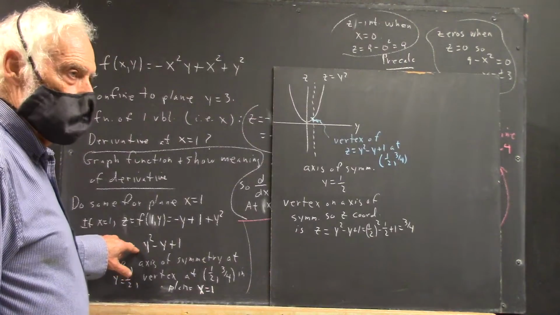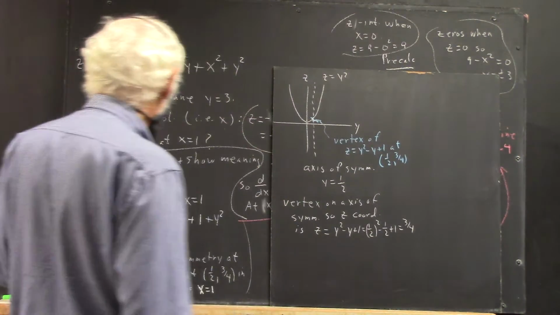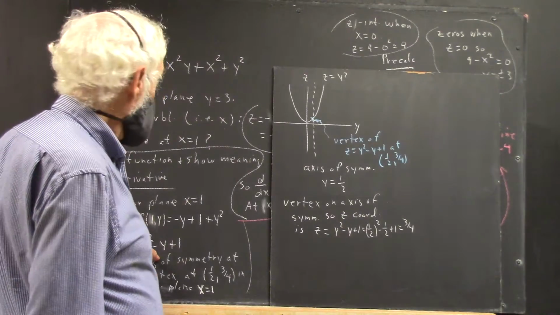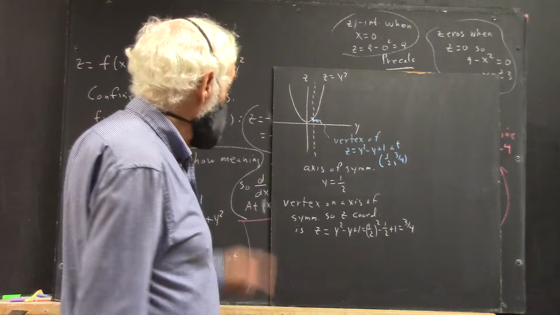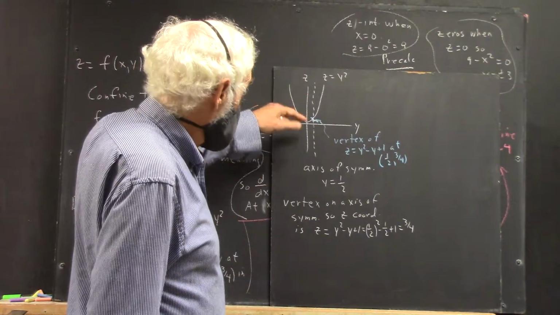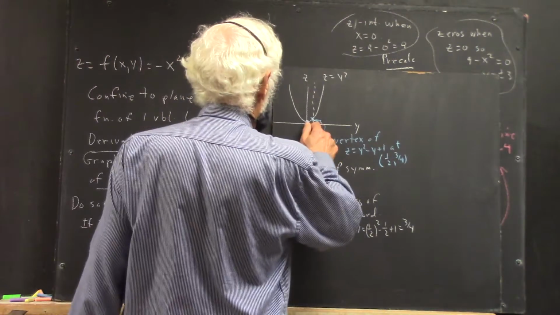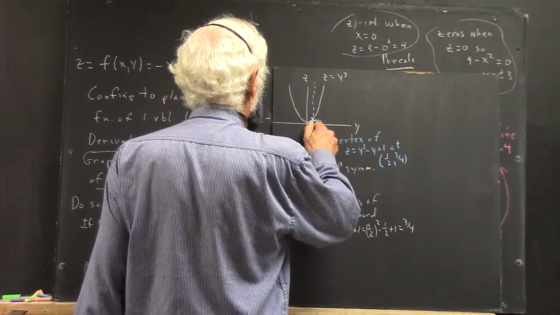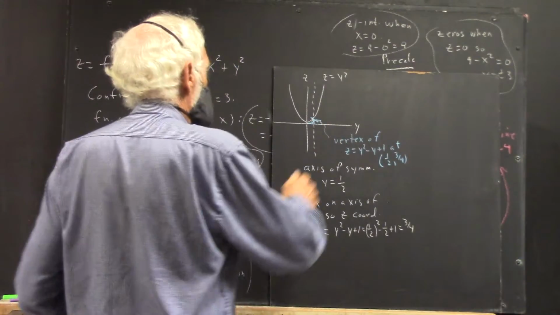The coefficient of y squared is still 1. So to get the graph of this function from the graph of z equals y squared, you simply move it over and up, and you get this. So every point of this graph moves over this far and up this far, okay?